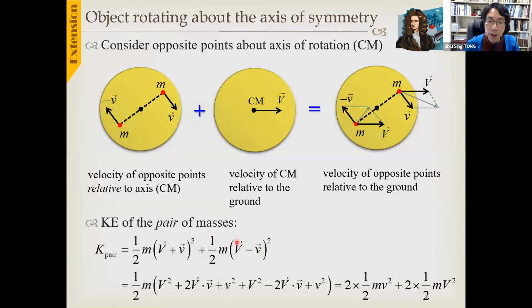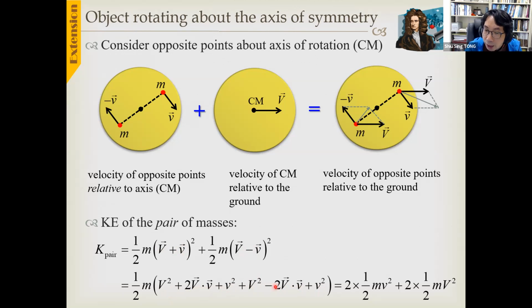Now let's expand the brackets. Big V plus small v squared is big V squared plus 2 big V dot small v plus small v squared. But if you have a minus sign, you would have big V squared minus 2 big V dot small v plus small v squared.